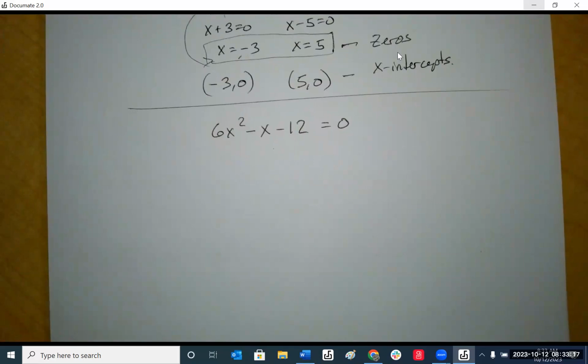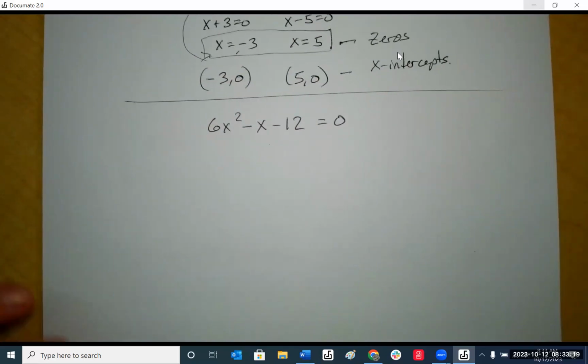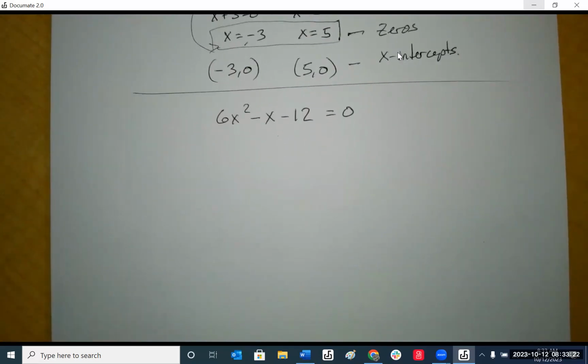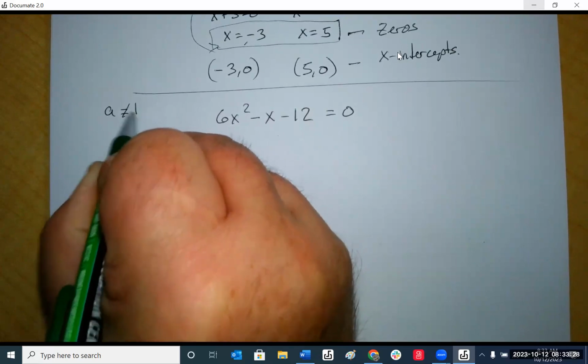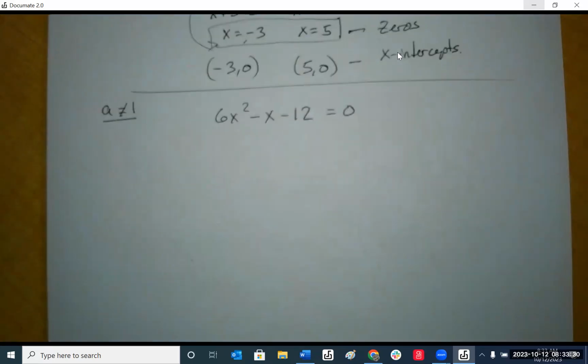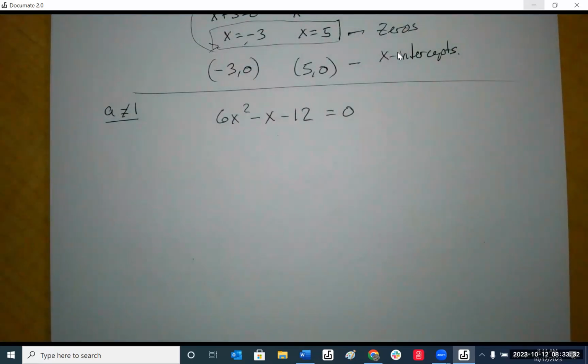Now things change. Now we're going to look at equations where a does not equal 1. I know I said last time the first step should be divide everything by a if you have a non-1 coefficient.